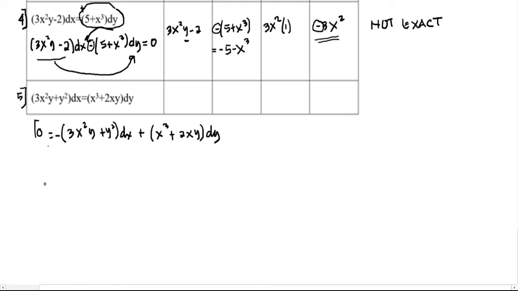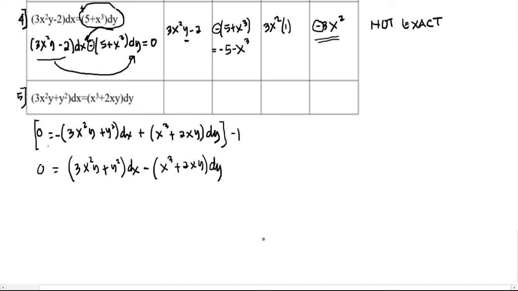So let's multiply this equation by negative 1. So we have here 0 is equivalent to 3x squared y plus y squared dx minus x cubed plus 2xy dy.